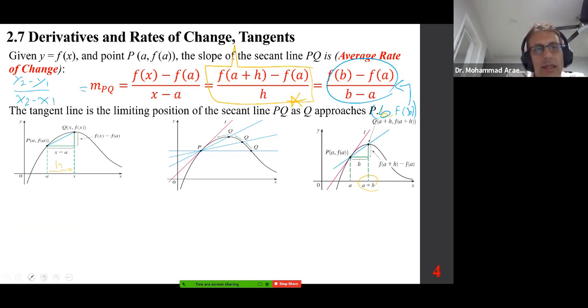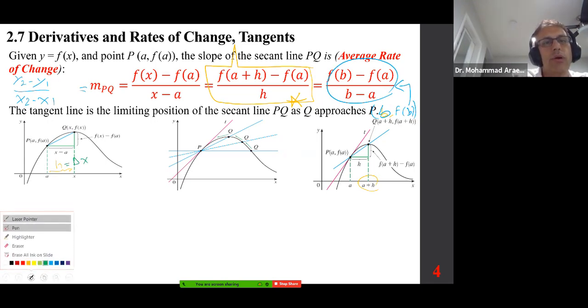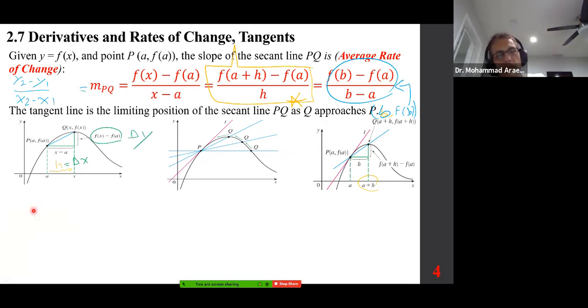Let me also write that. h also is the same as delta x, everybody. Delta x. And this one, by the way, is known as delta y. Delta, change in y, change in x.